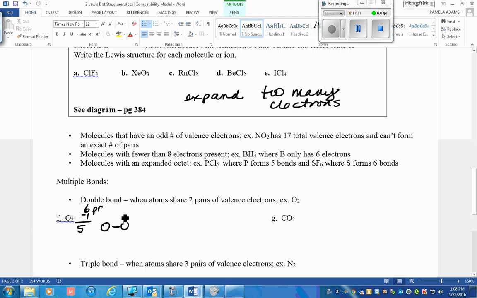to hook them together, and I always start satisfying the octet with the ligands first. So I've used 3 of them. That leaves me 2 sets, or 2 pairs left over for the oxygen.